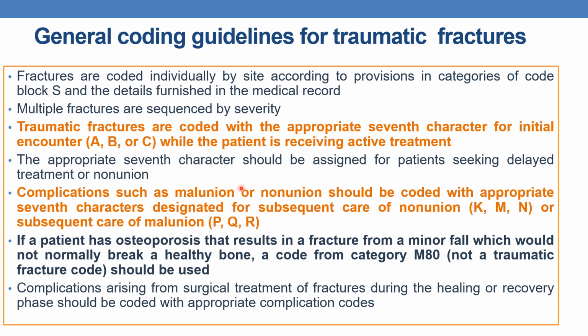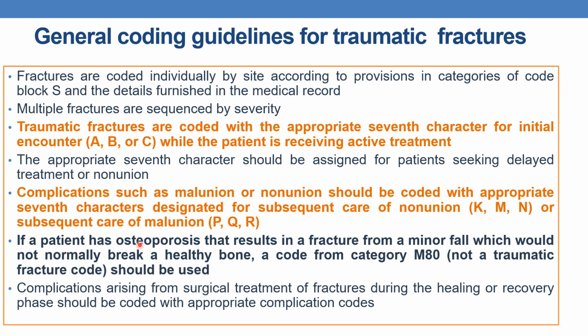The appropriate 7th character should be assigned for patients seeking delayed treatment or non-union. Complications such as malunion or non-union should be coded with the appropriate 7th character, designated for subsequent care of non-union, which can be K, M or N, or subsequent care for malunion, indicated by P, Q, R as we have discussed earlier.